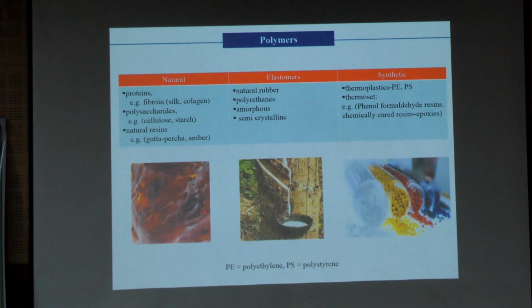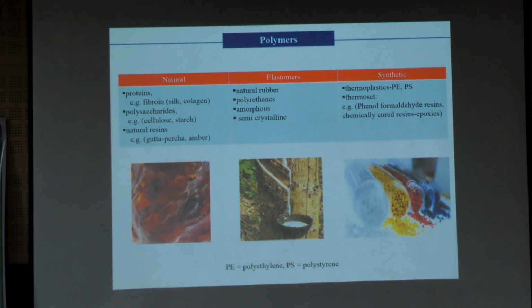Here we again have natural polymers, elastomers and synthetic polymers. Some materials like silk or collagen or starch are natural polymers.